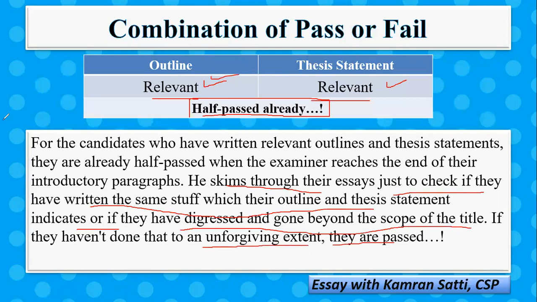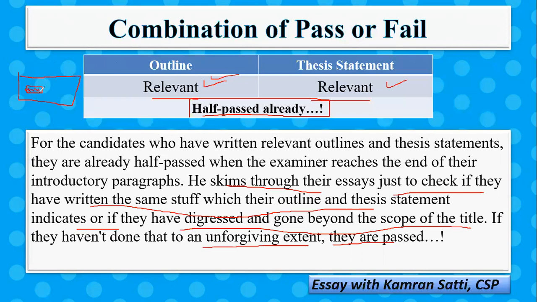Now what does this mean? Let's suppose the topic is: democracy is no more vulnerable. Now you have written an outline and thesis statement which fall in this category. Your outline and thesis statement are hitting the topic.